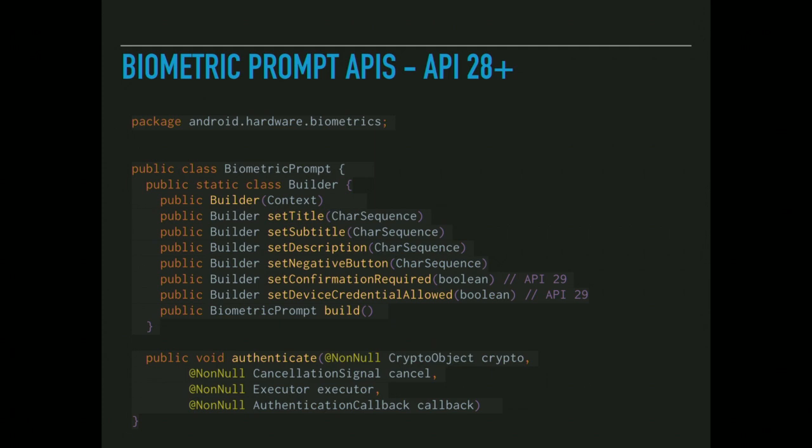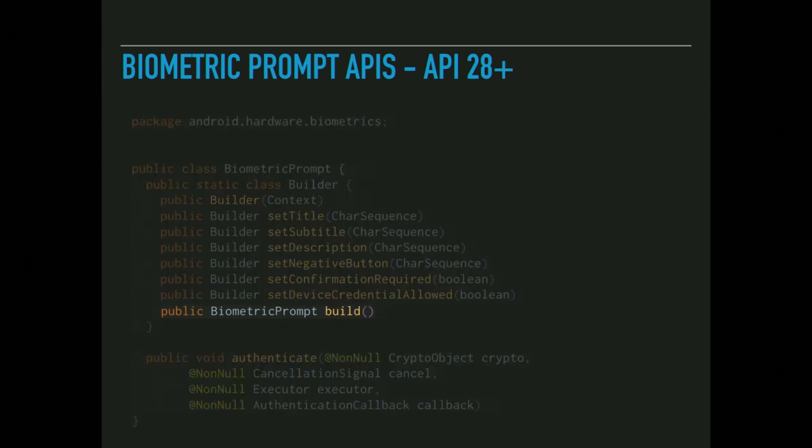To get the BiometricPrompt through the built-in android.hardware APIs, you create a builder, and you call build, and that gives you the BiometricPrompt. So you don't create it directly; there's no constructor in the built-in APIs. Then you call authenticate on the BiometricPrompt that you just created. One minor difference is that instead of a handler to specify which thread your callback comes on, you pass in an executor.